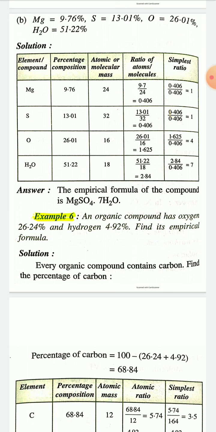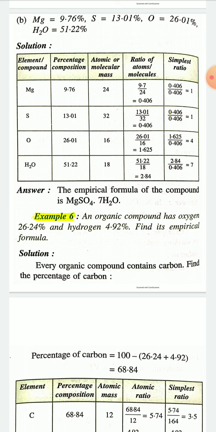And simplest ratio of oxygen. The percentage is 26.01% and atomic mass of oxygen is 16. Now the ratio of atoms of oxygen is 1.625, it is calculated.